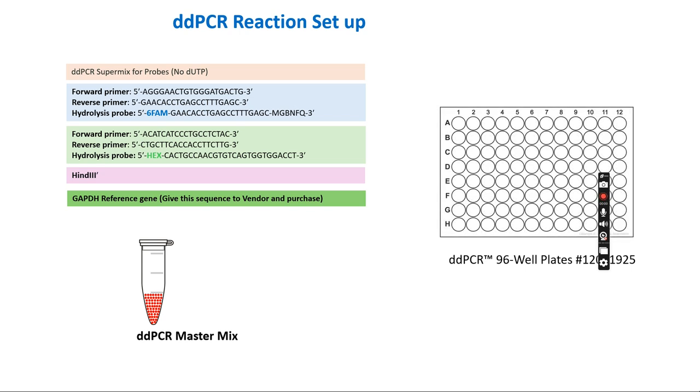So next you have to use the ddPCR 96-well plates. There are special plates that Bio-Rad also sells. You have to buy them, and I'll show you a very simple way to set up the reactions.